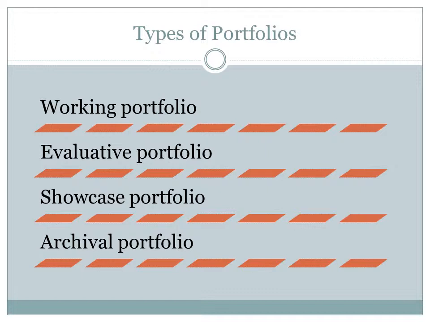A showcase portfolio exhibits the child's best work and allows them to share accomplishments. An archival portfolio follows a student from year to year and shows their growth and development over time. So one of the things that you'll need to do if you're going to use portfolios in your classroom is decide which type or combination of types of portfolios that you want to use.